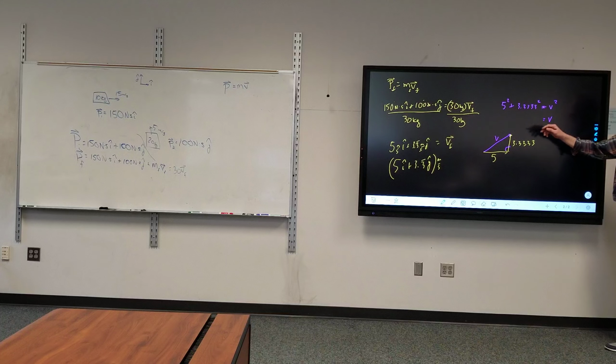You got 36.11. 36.11 is v squared. 6.0092 meters per second. There we go. You recognize what the units look like?